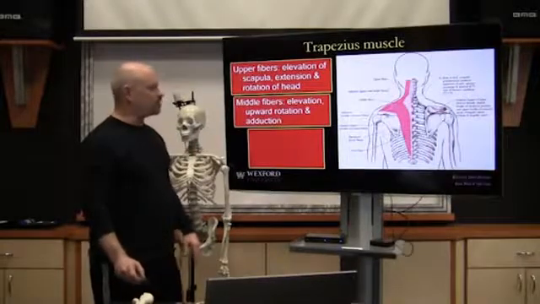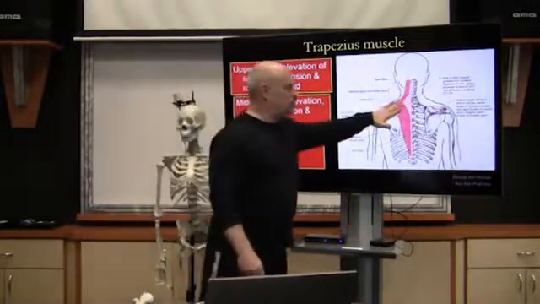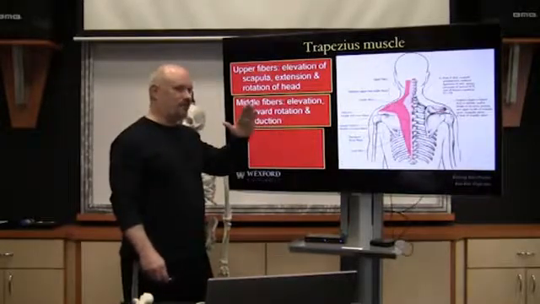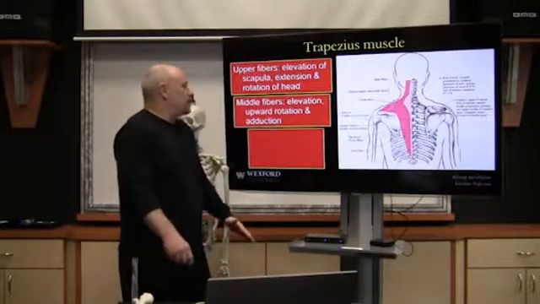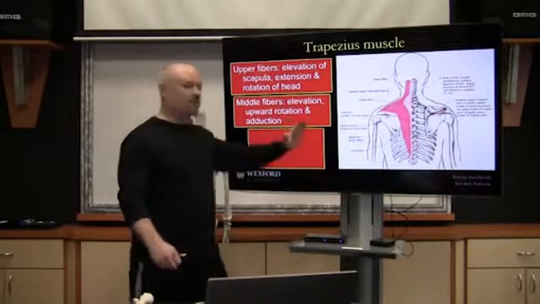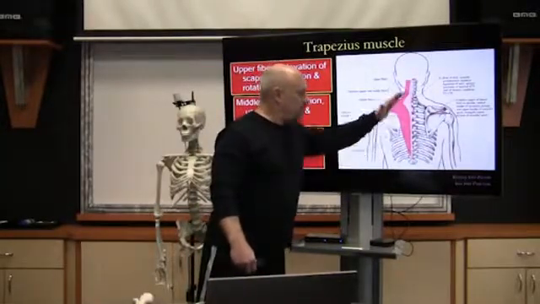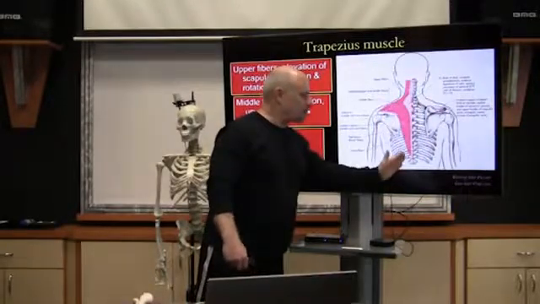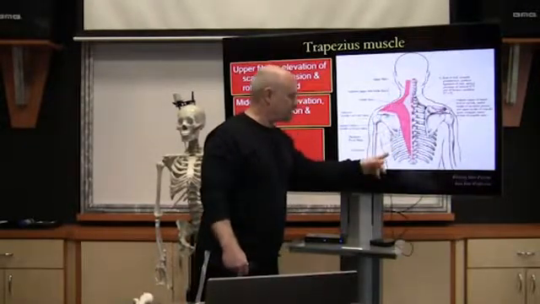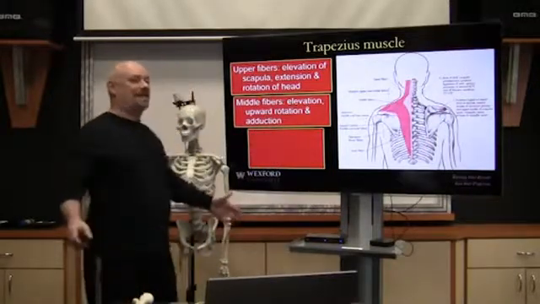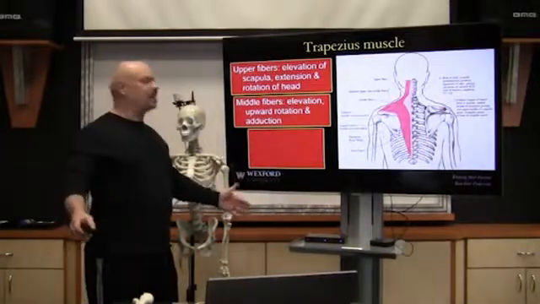The middle fibers, depending on the fiber angle, cause elevation and upward rotation. We talked about that force couple with the upper fibers of traps number 4 and the serratus anterior, which could cause upward rotation, and it also causes adduction, pulling the scapula together.